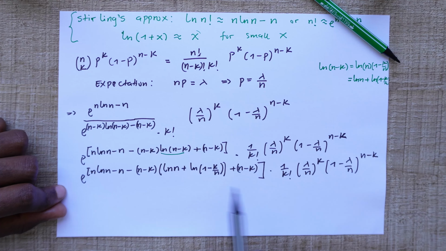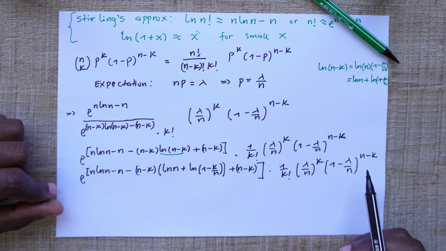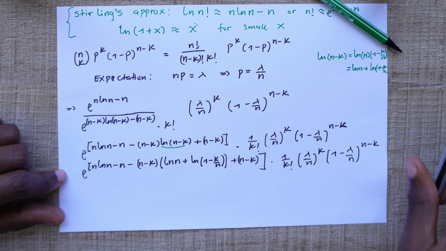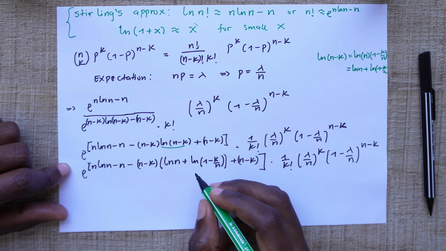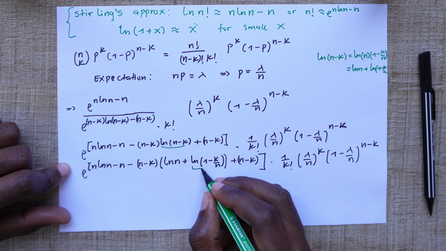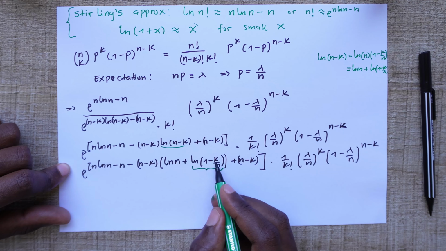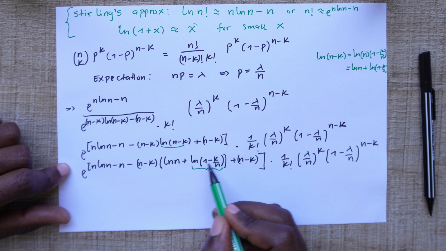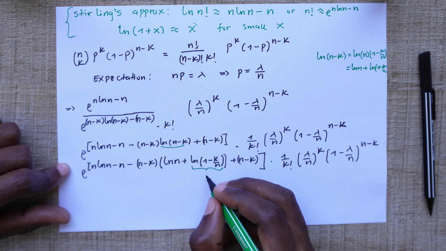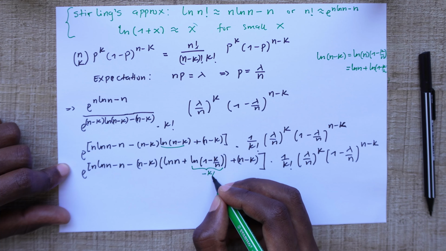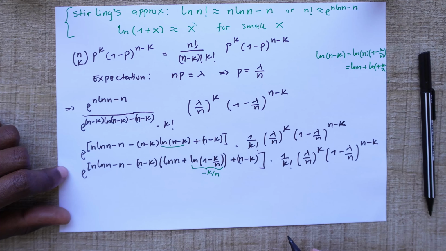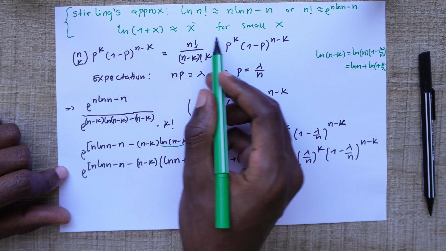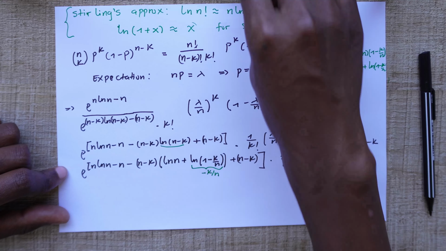And that's what I have just written here. Hope that's clear. And then we recognize that this expression, ln of 1 minus k over n, okay, since n is very large, k over n is very small, so this whole expression is just negative k over n. It approximates to negative k over n, following this approximation.